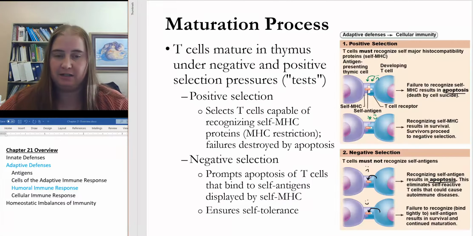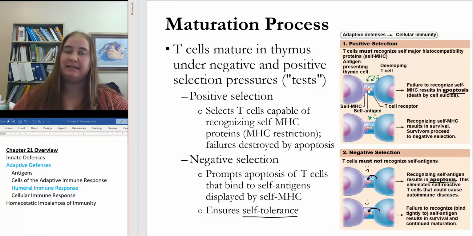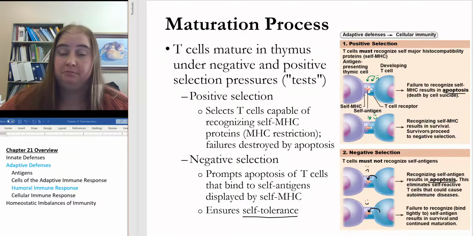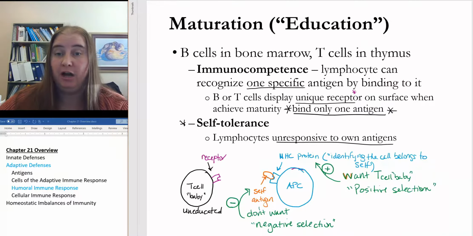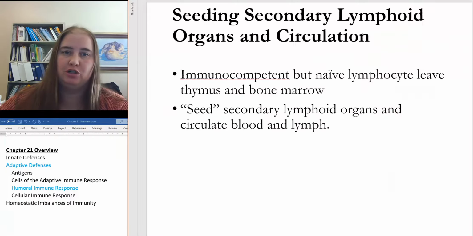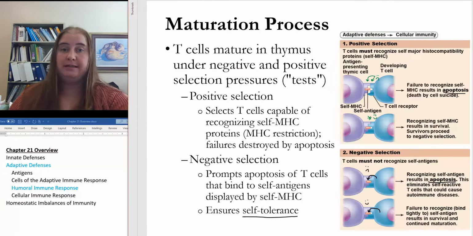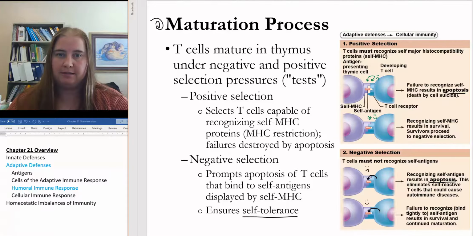That negative selection ensures that when that T cell and that B cell graduate, okay, that they've acquired self-tolerance, which is the inability or the unresponsiveness to its own antigens. Okay, so that was our step 2 in our step process.